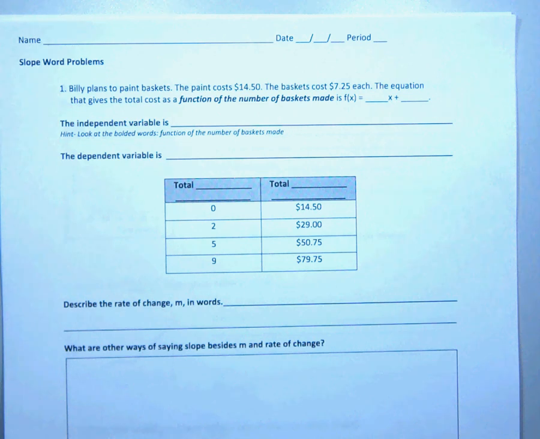Slope word problems. Let's look at the slope when looking at a word problem. Number one, it says that Billy plans to paint baskets. And I notice here that the paint costs $14.50 and the baskets cost $7.25 each.